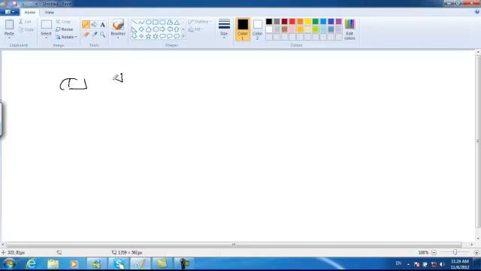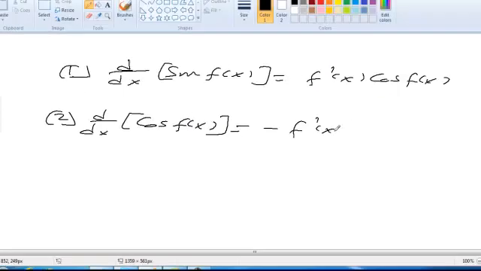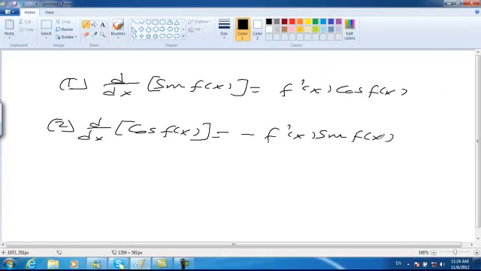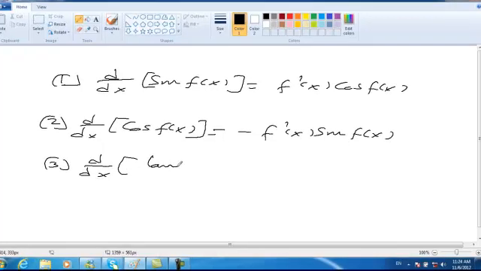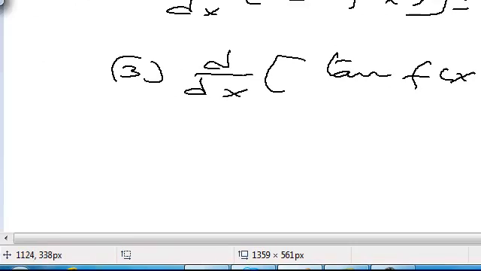Number 1, d by dx sine f of x equals f dash of x cosine f of x. 2, d by dx cosine f of x equals minus f dash of x sine f of x. 3, d by dx tan f of x equals f dash of x sec square f of x.